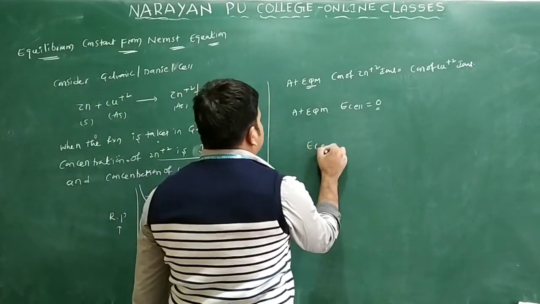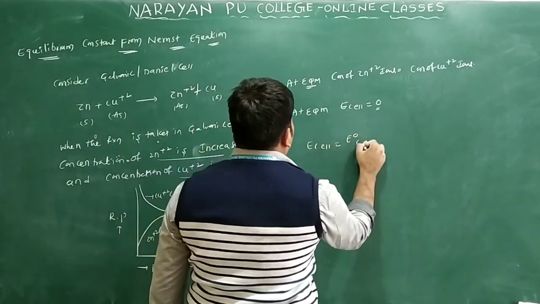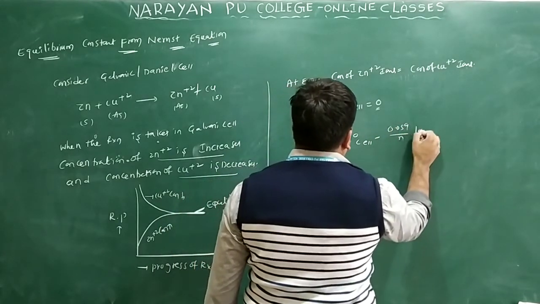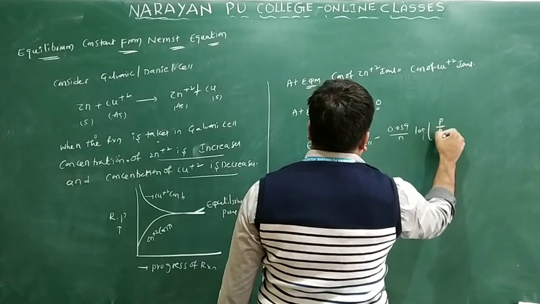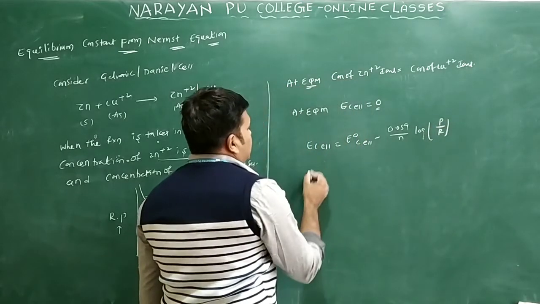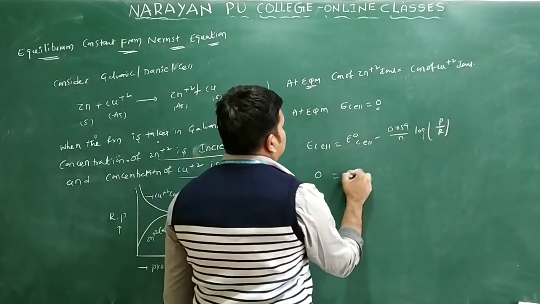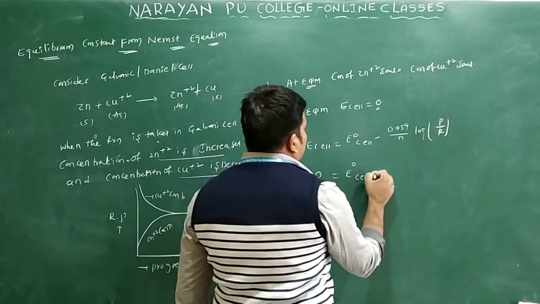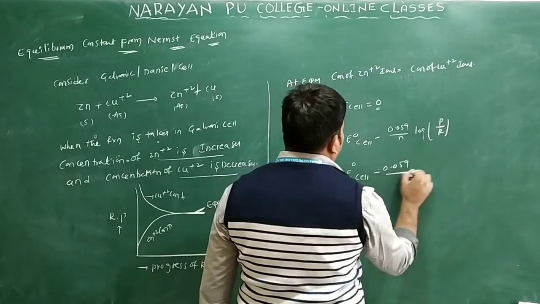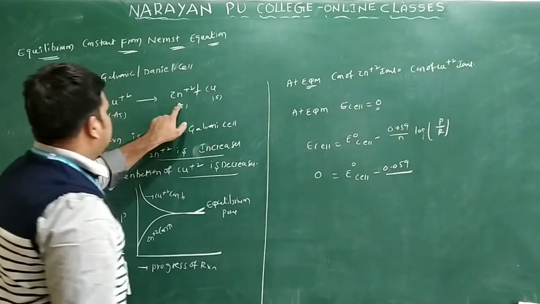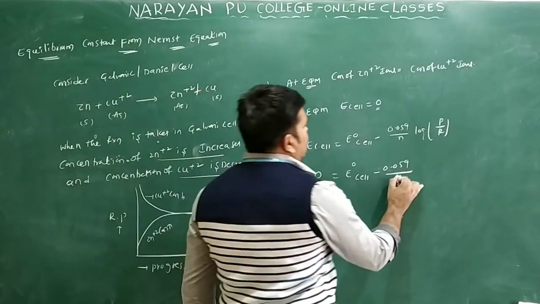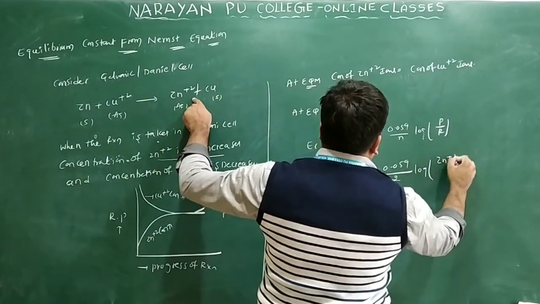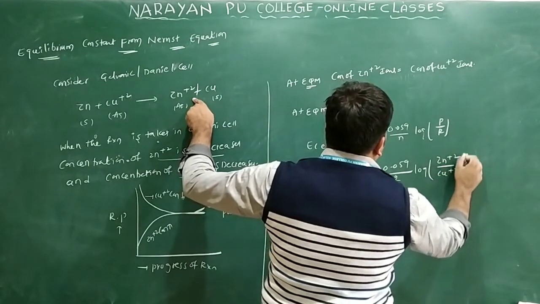E cell is equal to E naught of the cell minus 0.059 by n into log products by reactants. I get E cell value 0. So E cell is equal to E naught of the cell minus 0.059 by 2 into log, since 2 electrons change here, n value is 2 only, concentration of Zn plus 2 by concentration of Cu plus 2 only.